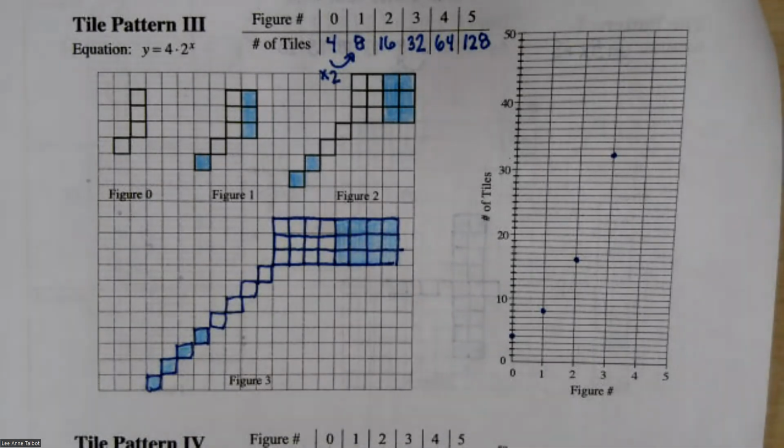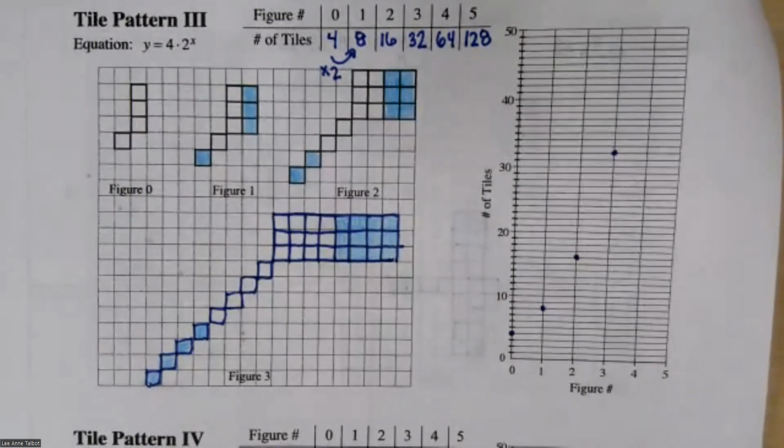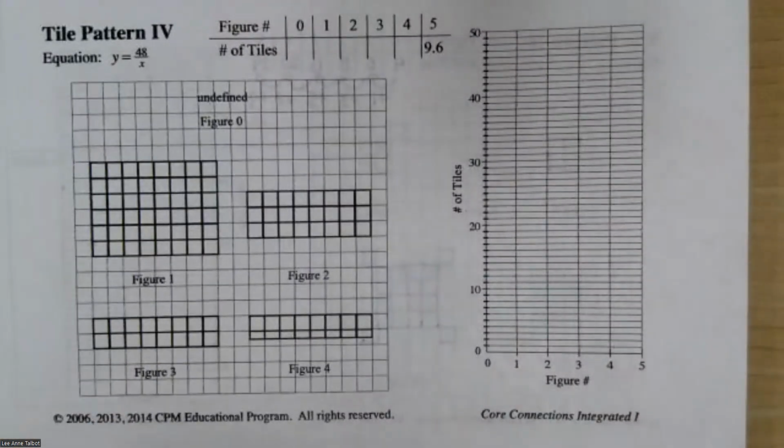Tile pattern 4 is weird, but it's easy because we don't have to draw anything. We also don't need to shade anything. No, it doesn't cut in half. Because the equation is 48 divided by x.